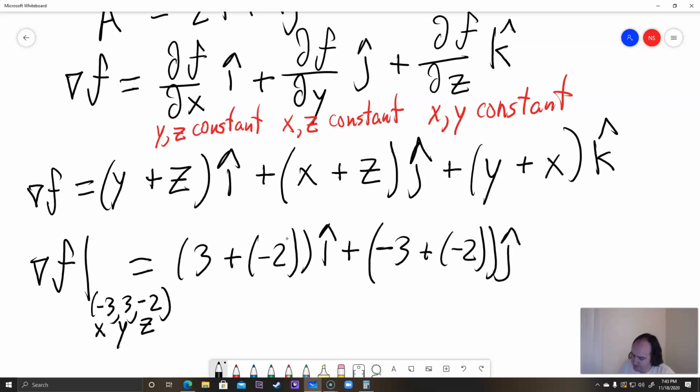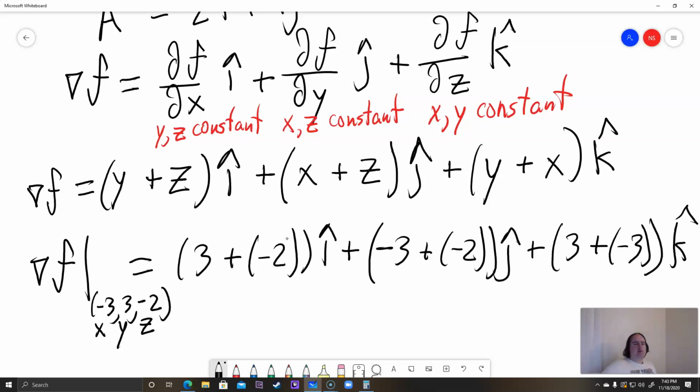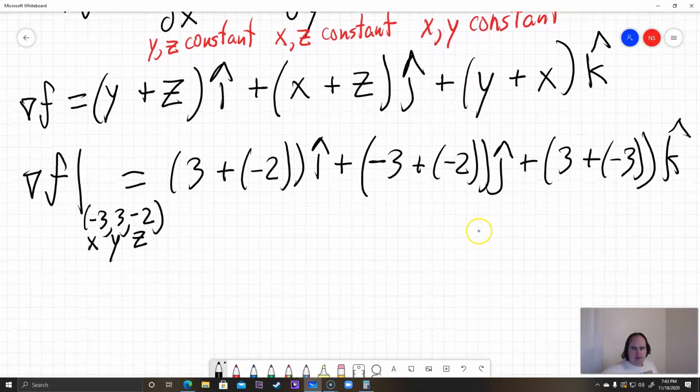And then we have y plus x, I'm sorry, y plus x is going to be 3 plus negative 3 times k. So all I'm doing there is plugging in x, y, and z into the gradient.